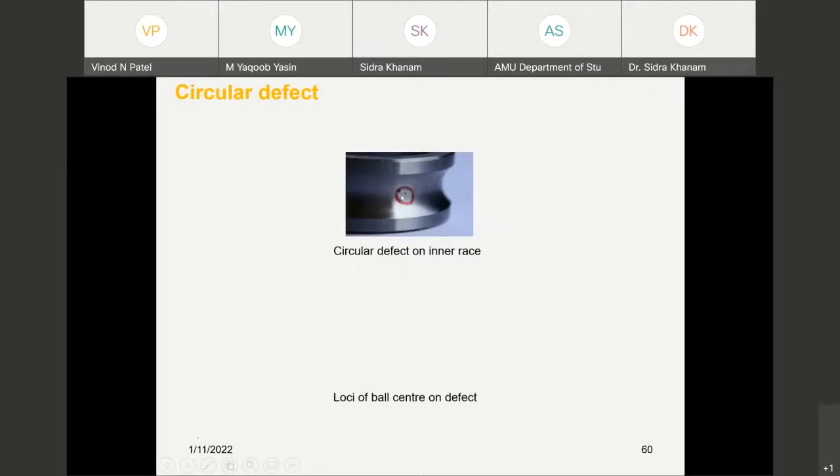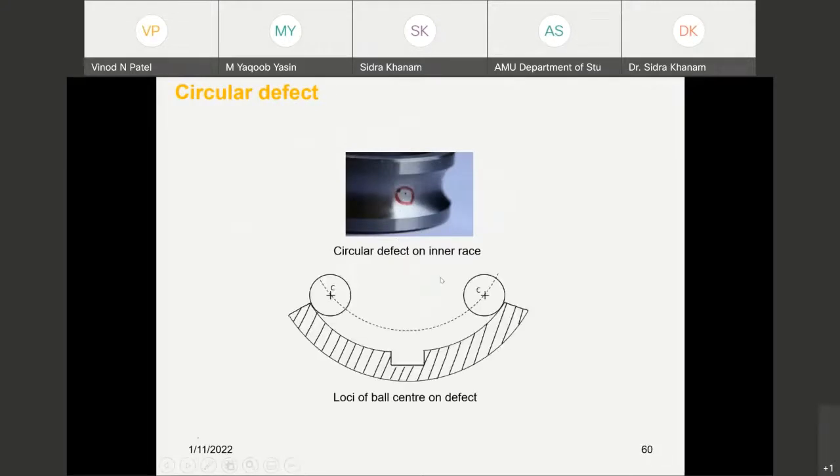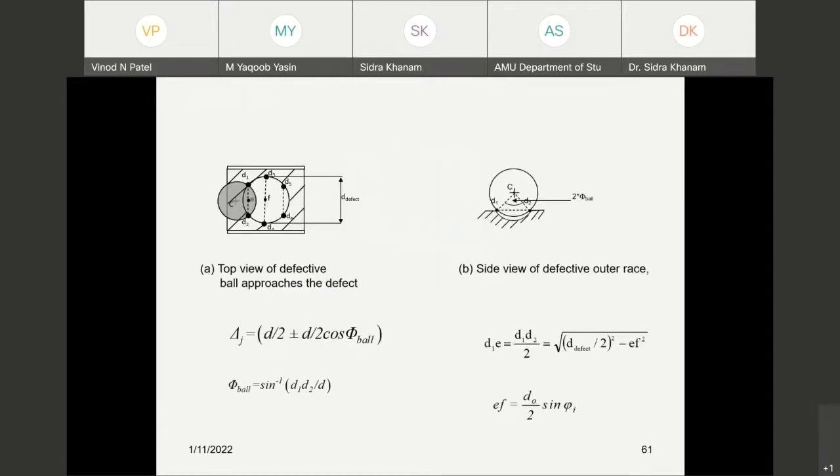Suppose it is a circular defect on the inner race, like this way. Initially the ball will come into contact at this corner, then it will move here, then it will reach the end of the defect. Suppose at the initial position this much part is inserted in the defect, then when it reaches over here, the total ball will be in contact with it. When it moves out, it will be like that.